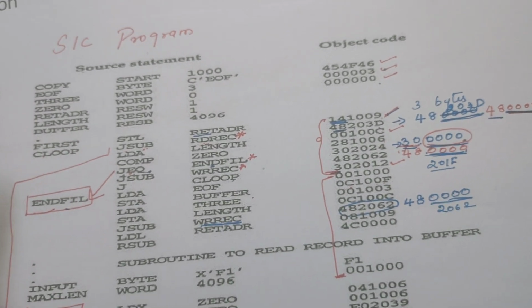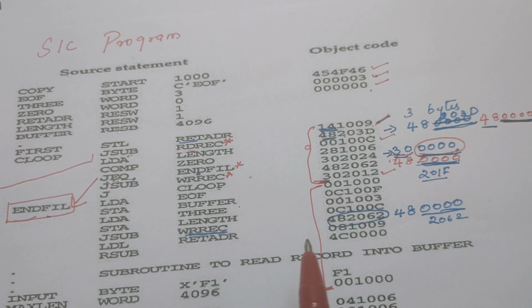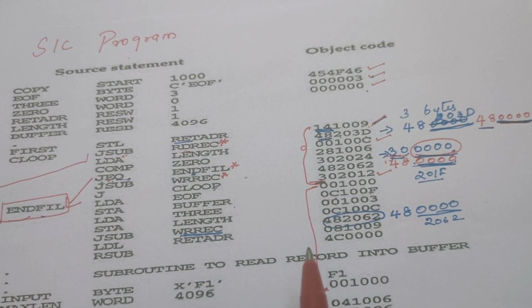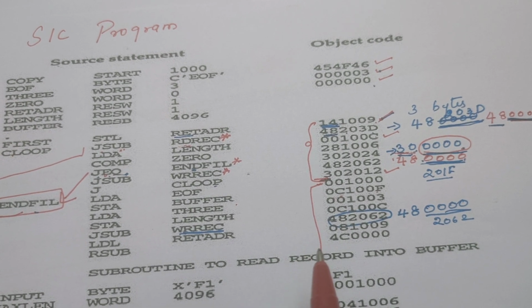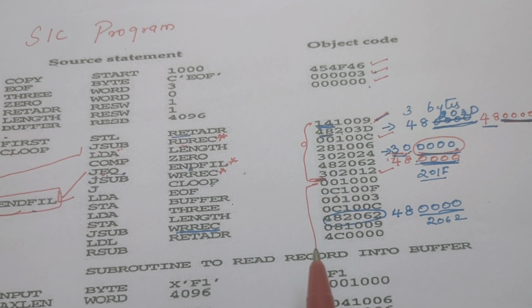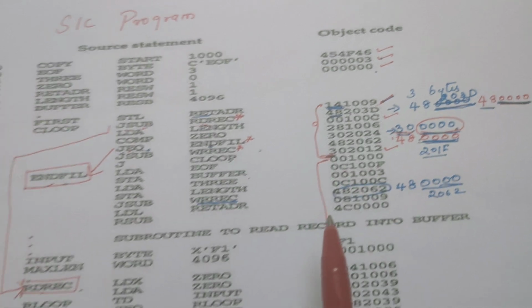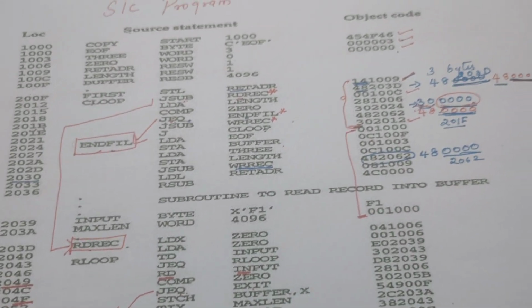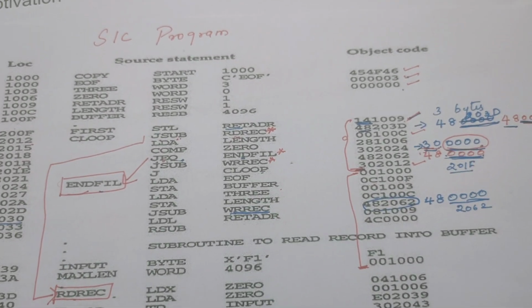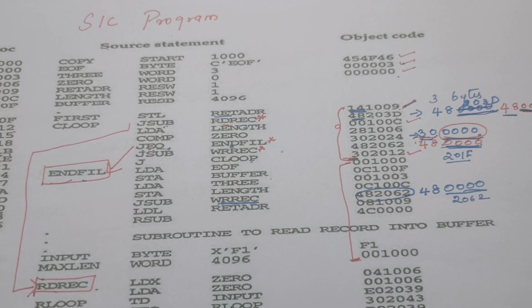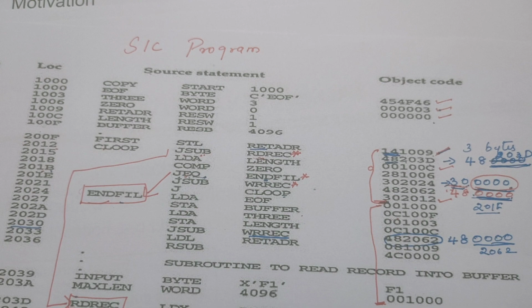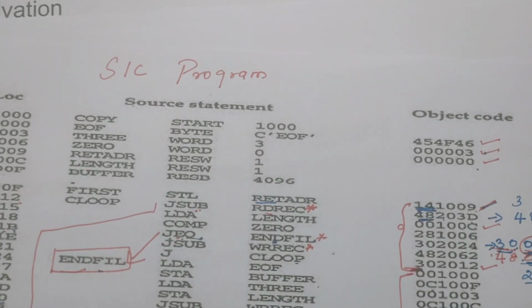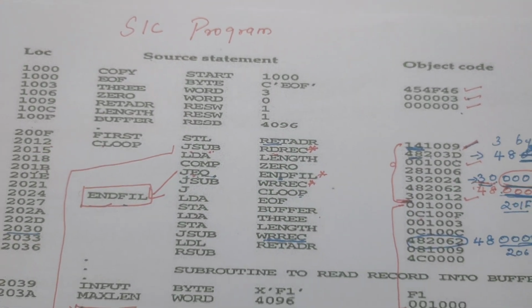Suppose a SIC program contains 100 instructions; maybe 8 or 9 of them are just object code for data, and the remaining are all instructions. Is it possible to write a modification record for all the remaining 90% of the instructions? No, it is not possible. That is why we claimed that the relocation concept is one of the machine dependent features.